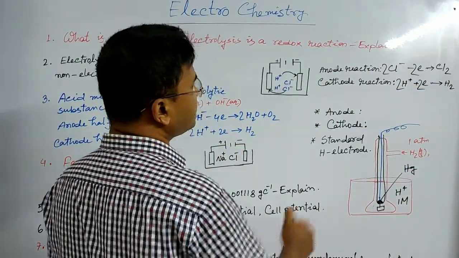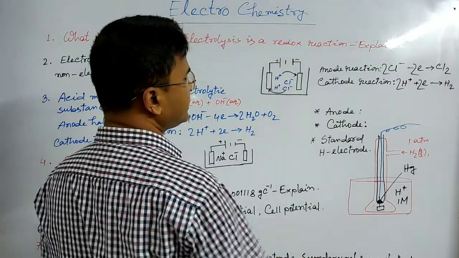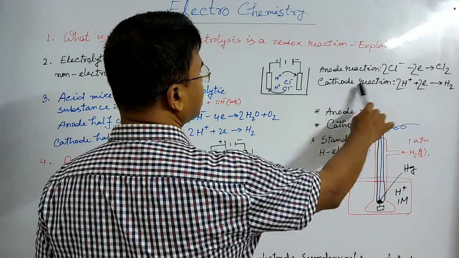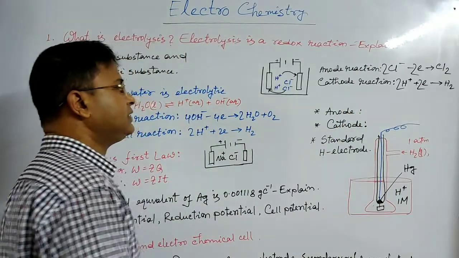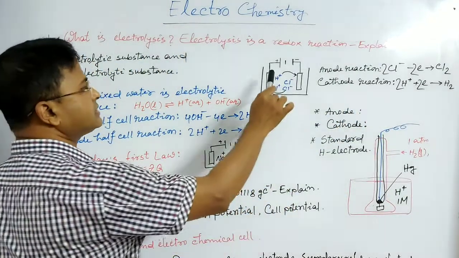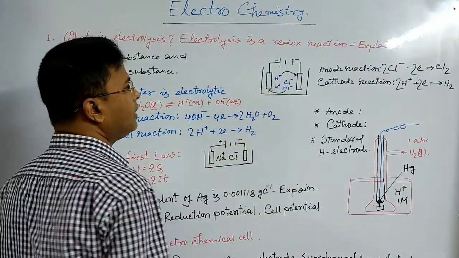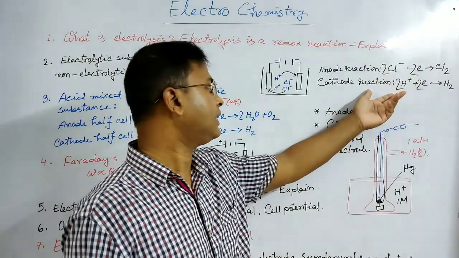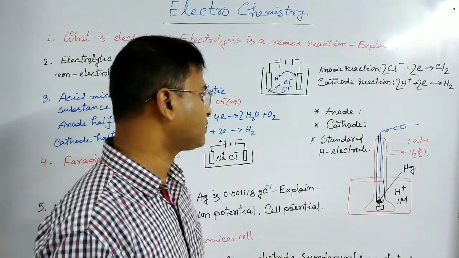If I observe both the anode and cathode reactions, I will see that in the anode oxidation reaction occurs and in the cathode reduction reaction occurs. Actually, whatever the charge of anode or cathode, always oxidation reaction occurs in anode and reduction reaction occurs in cathode.